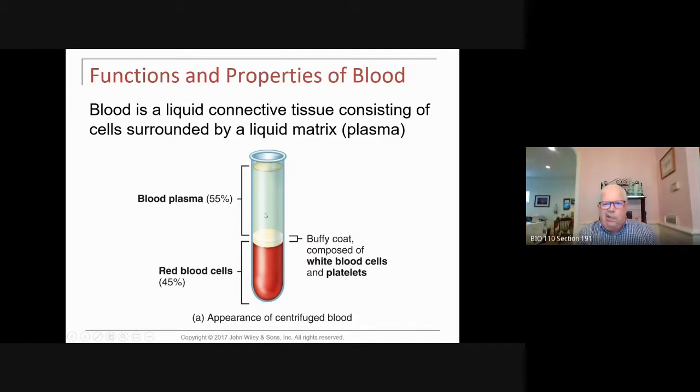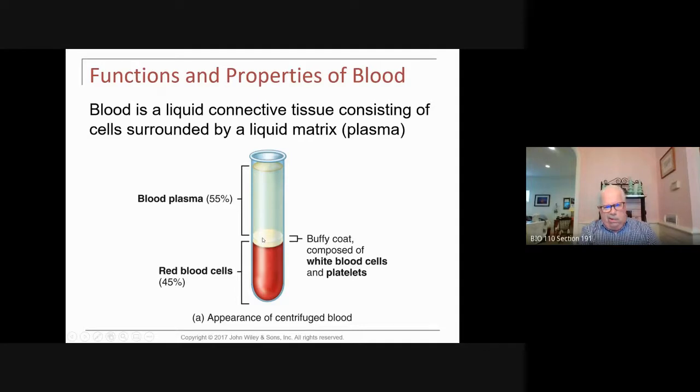There are many things in plasma. We'll talk about them individually. And 45% of your blood is red cells. In the middle between the plasma and the red cells is what we know as the Buffy coat. You can almost think of Buffy the Vampire Slayer.